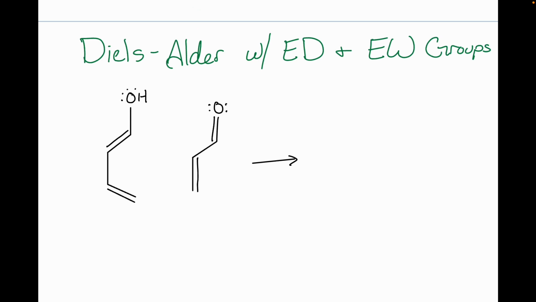So I'm going to start by drawing that 6-membered ring. I'm going to say these 4 carbons, those were my conjugated diene carbons. And these 2 carbons, those were my dienophile carbons.